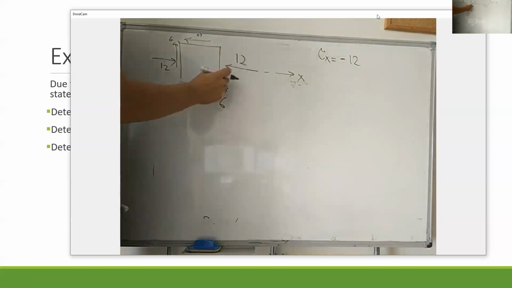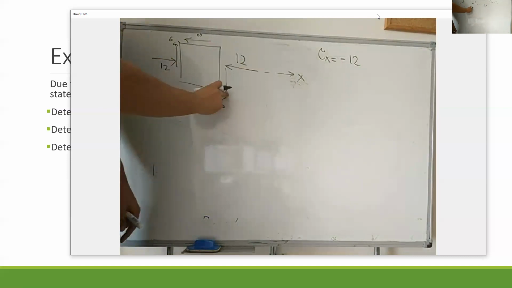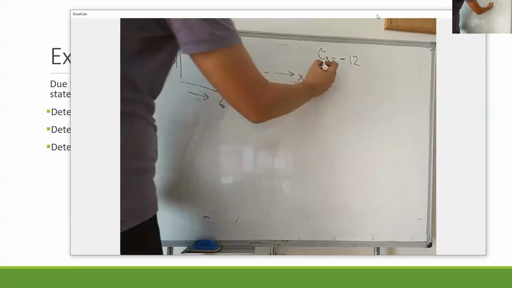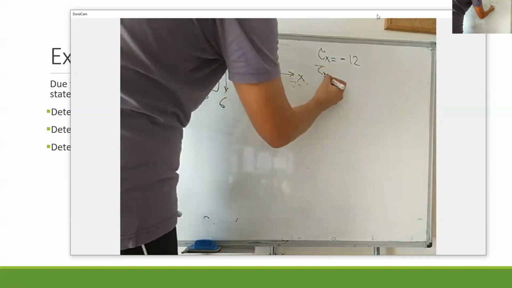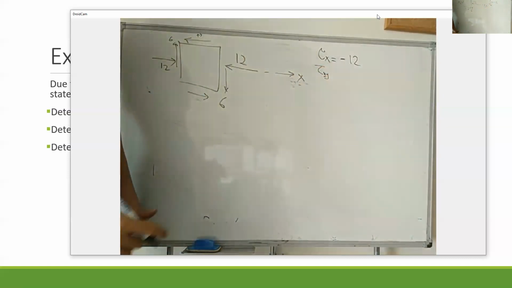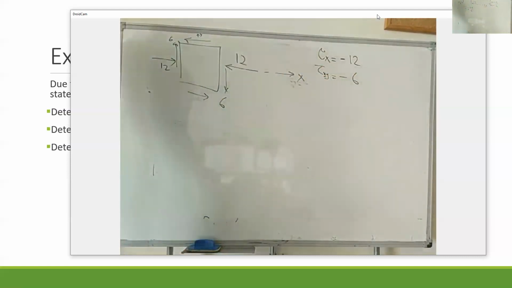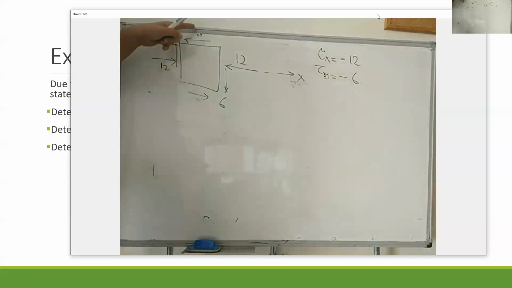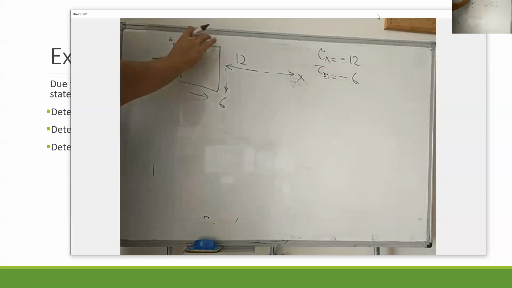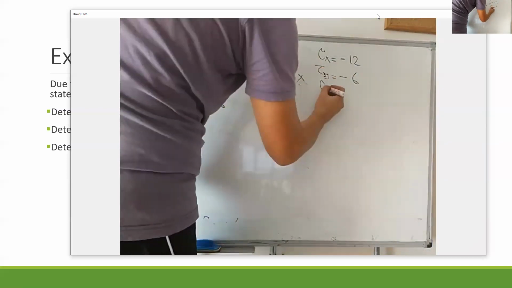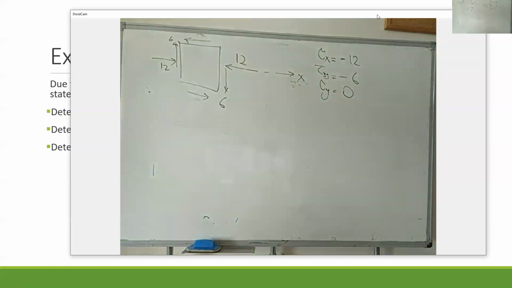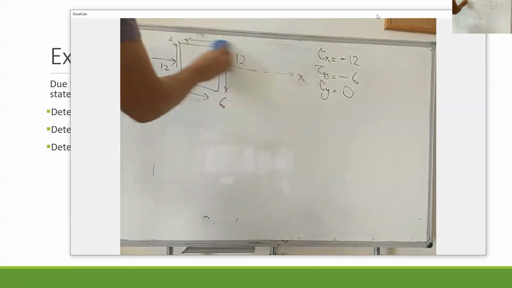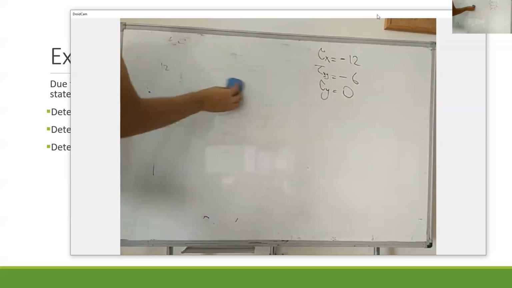You multiply the surface direction by the stress direction. The surface direction x is positive, but the y direction is negative, so tau xy is negative 6. What is sigma y? There are no stresses in the y direction, therefore sigma y is equal to 0. So I recorded the stress values on infinitely small element A.